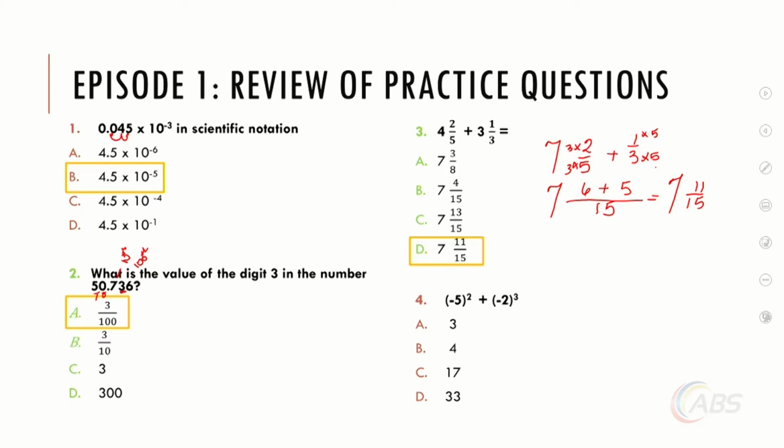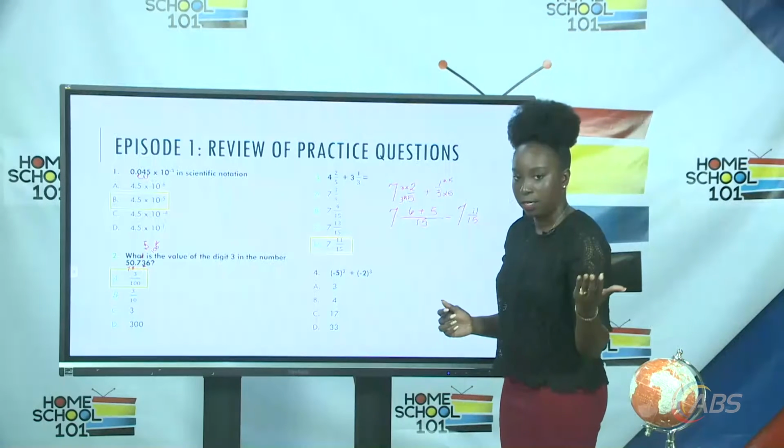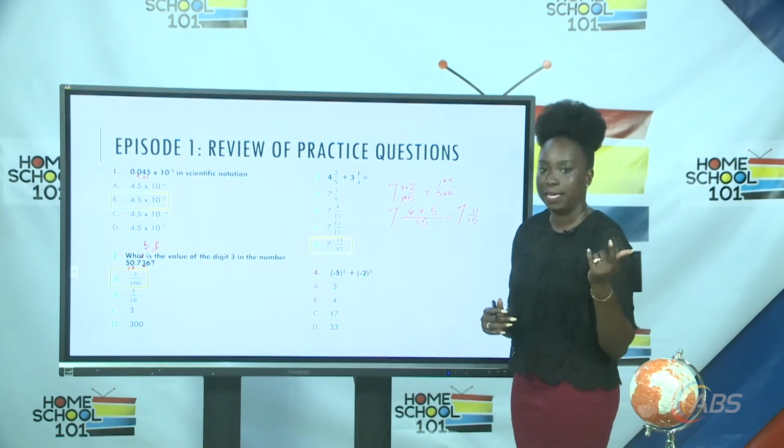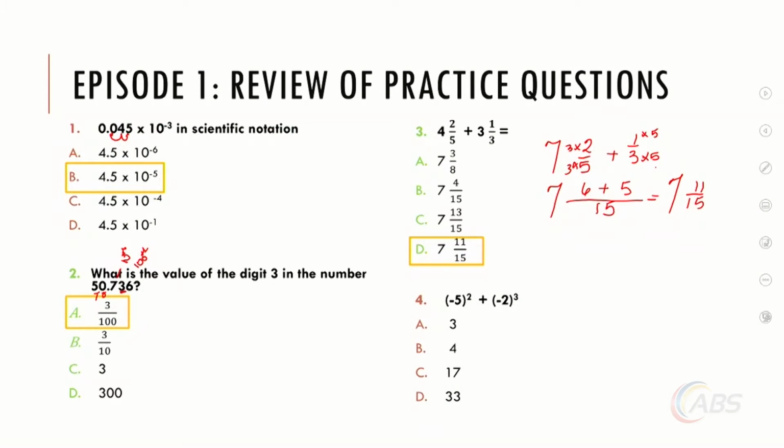And our last practice question says -5 squared plus -2 cubed. Squared just means, as we know, to multiply a number by itself. If we're going to be multiplying negative 5 by itself, we should remember that negative times negative gives us positive, and 5 times 5 is 25. So our negative 5 squared is going to be equal to 25.